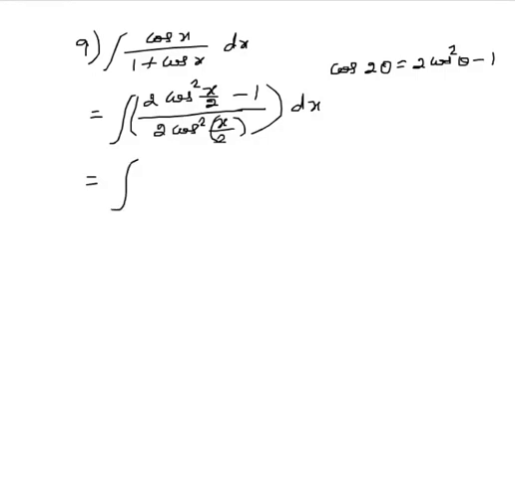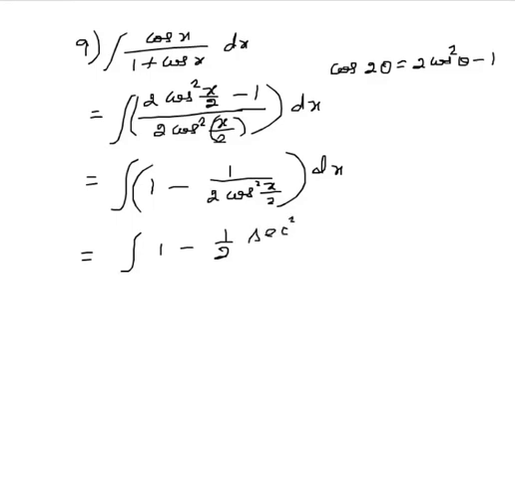Let us separate the terms. The denominator is common to both the terms. Let's divide. It becomes 1 minus 1 by 2 cos square x by 2 dx. This is half. 1 by cos square is secant square. And we know the integration formula for secant square.